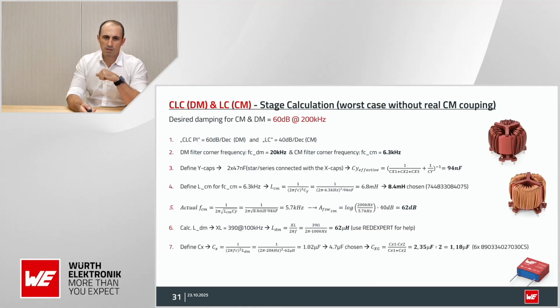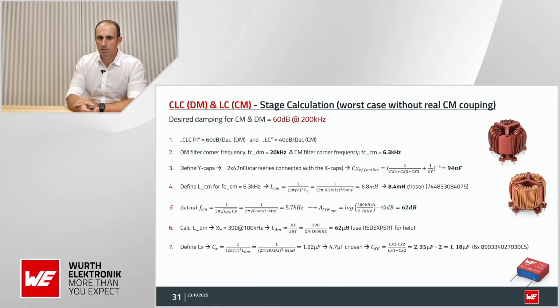And the last step is now to calculate the required X capacitance. We know the corner frequency of 20 kilohertz. We know the leakage. Therefore, we can calculate the needed X capacitor between one line. It's around 1 microfarad.